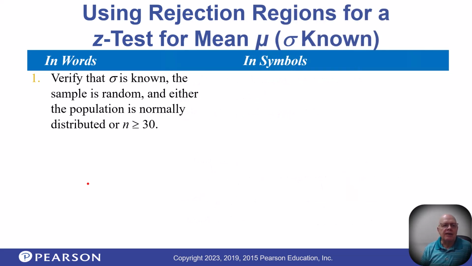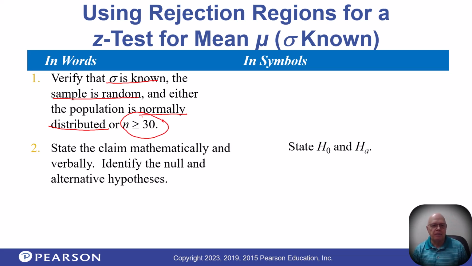So, stepwise, check to see whether you know the population standard deviation. Is the sample random? And also important, are we told that it's normally distributed, or have we decided on a sample size greater than 30? Once we've got that, decide what the claim is.